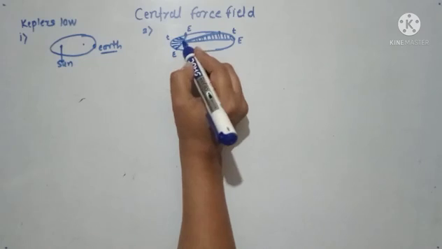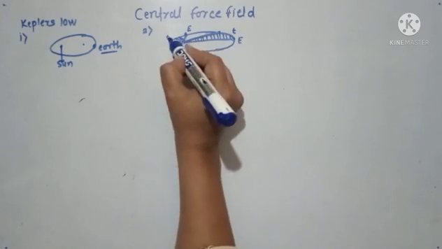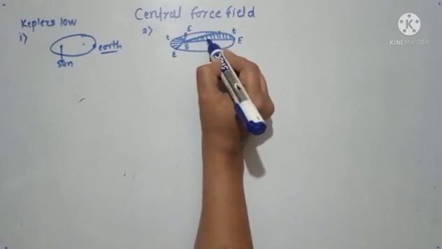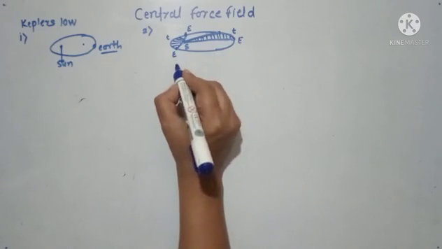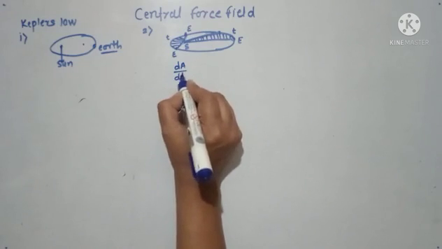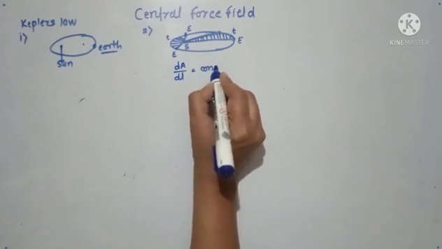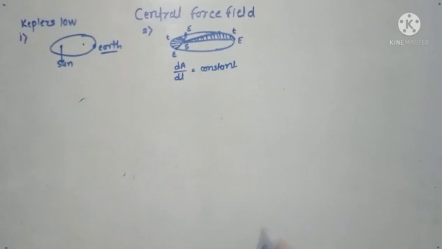The second law states that in an equal time period the area swept by the radius vector is equal, which we can say is that dA upon dt is constant. So this is the statement of the second law.